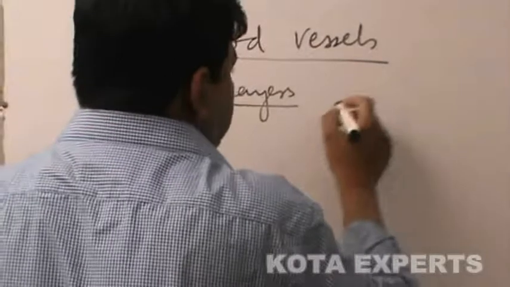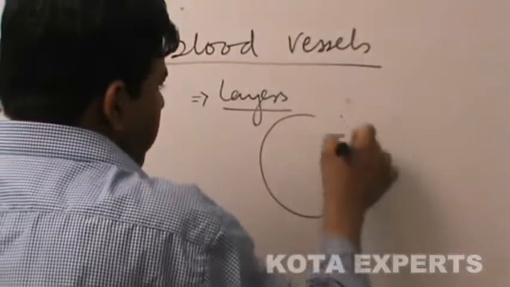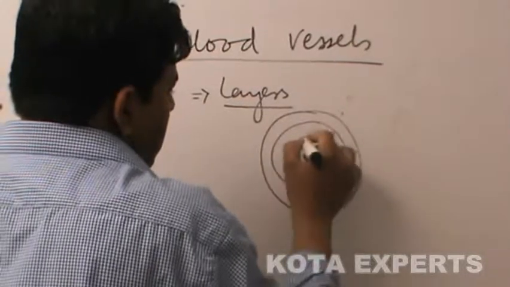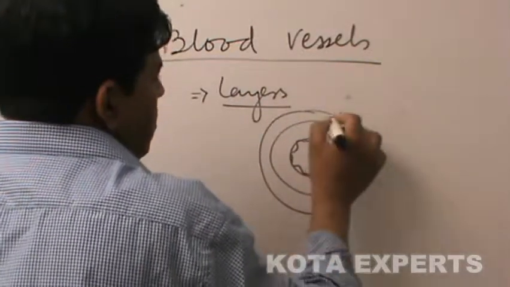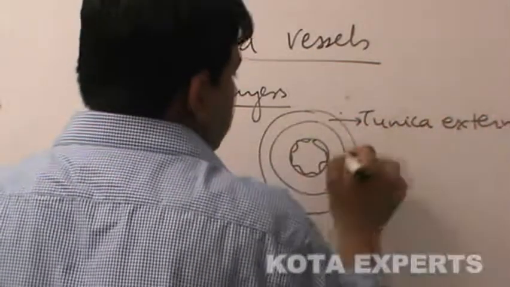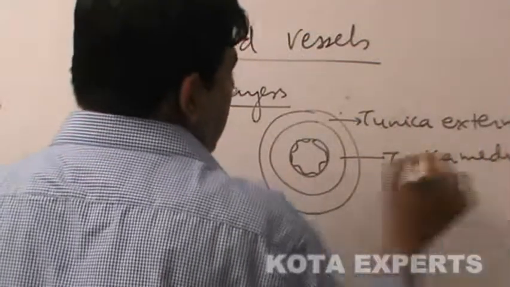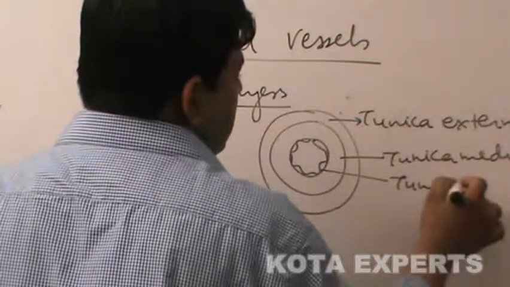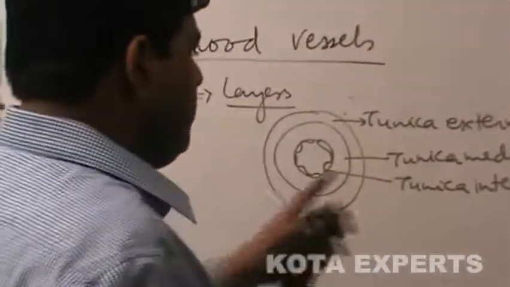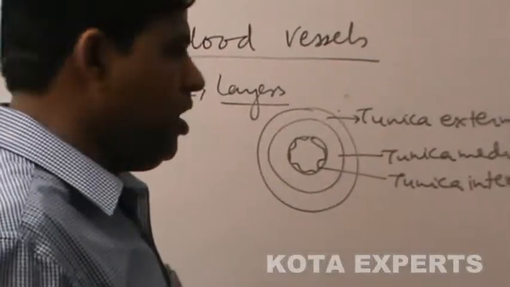There are three layers in arteries and veins: tunica externa, tunica media and tunica interna. Tunica externa, tunica media and tunica interna. These are the three layers found in the blood vessels.